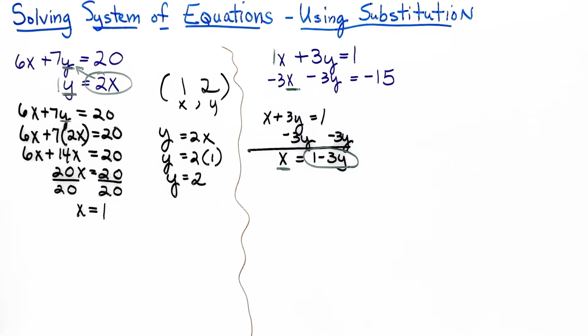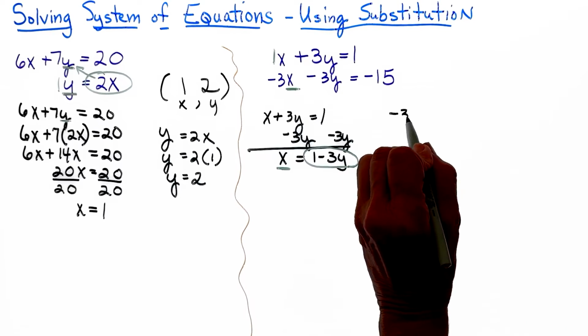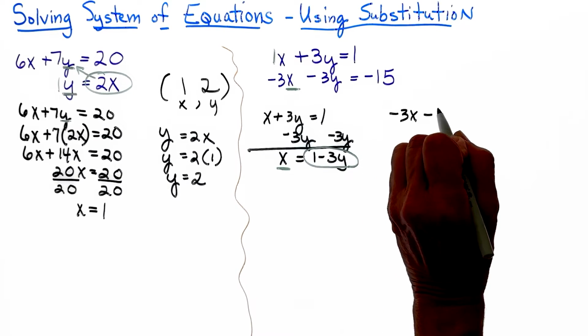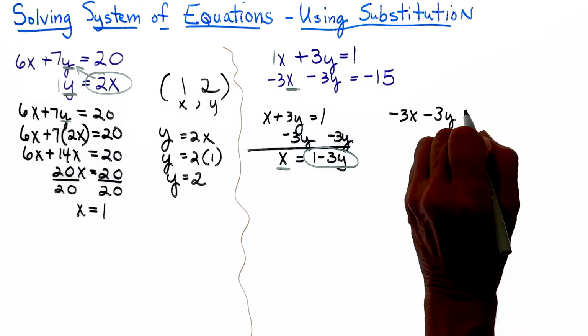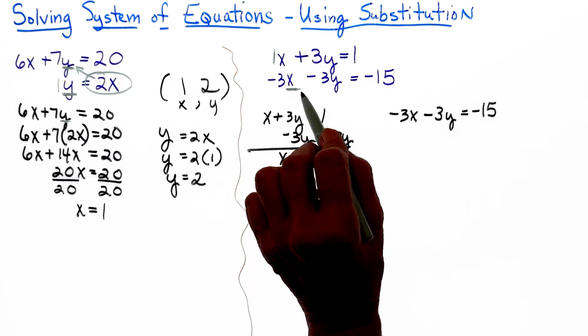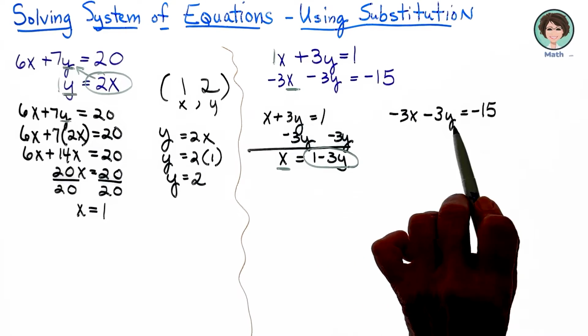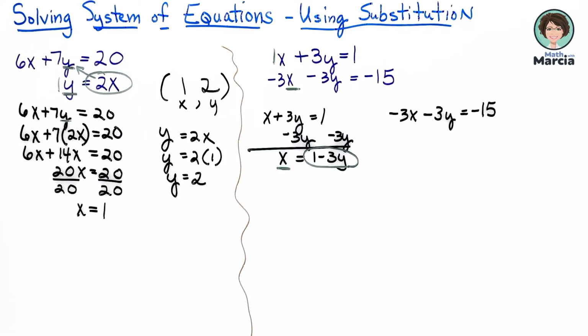All right, so now let's go ahead and solve this equation that we have. We have a negative 3x minus 3y equals a negative 15. When I'm recopying it, I always double check to make sure I've copied it right, because if I leave out a subtraction sign or a negative sign, it throws my whole answer off.